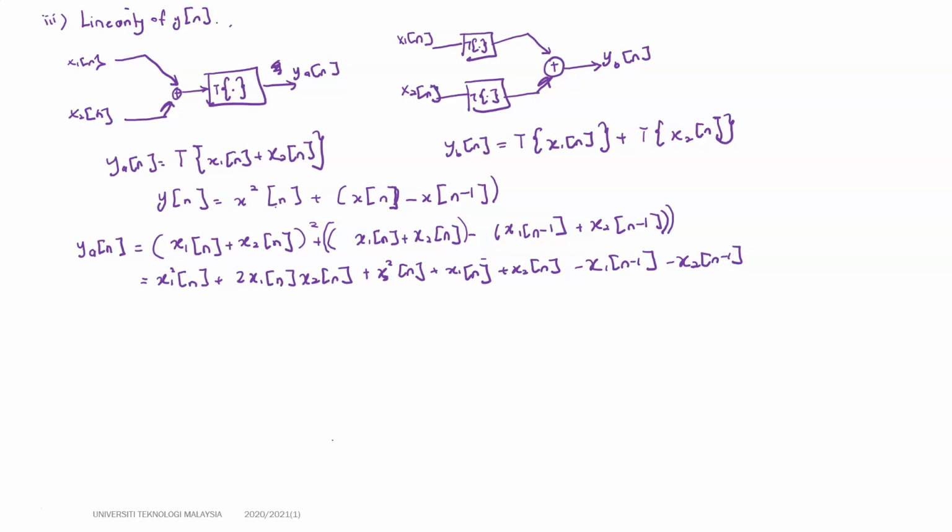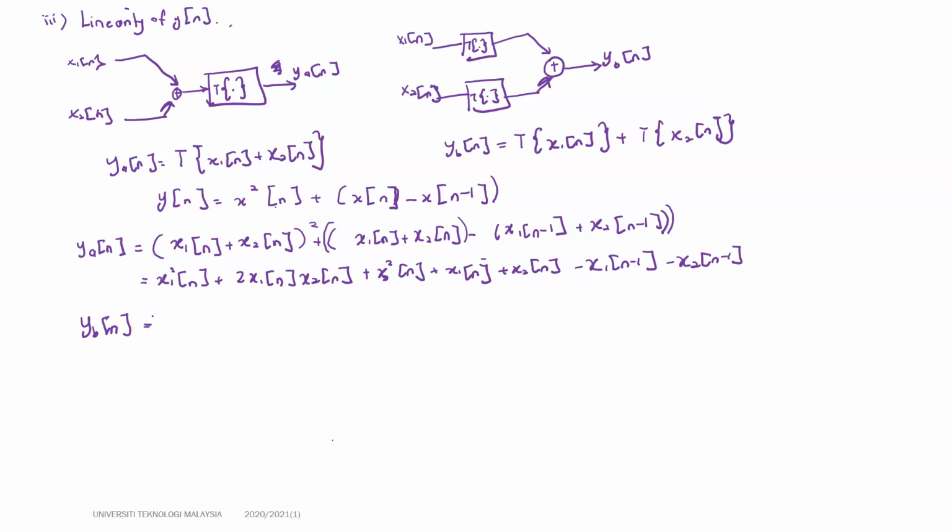Then we do it for ybn. For ybn, we have to perform the signal operation first, then only we perform the addition of the output from these two signal operations. So look carefully here.